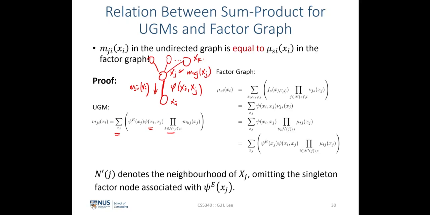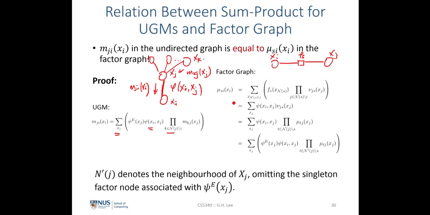So we'll see that the message passed from the random variable node xj into the random variable node xi in an undirected graphical model is equivalent to message passing in the factor graph. We denote these two random variables again as xi and xj, but in the factor graph these two nodes would be linked together by a factor which we call fs.